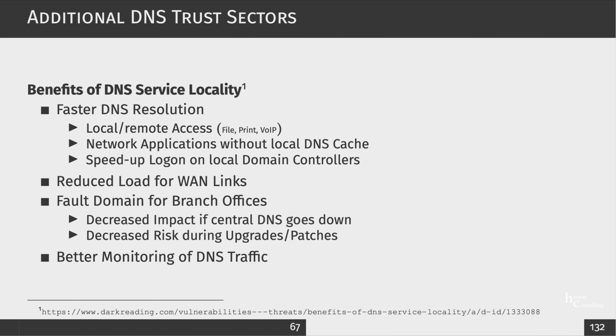If we are talking about branch offices in major cities and WAN links between these major cities, you wouldn't even recognize the DNS traffic on these systems, just in these special cases where you have very, very small WAN connections or just a satellite connection.